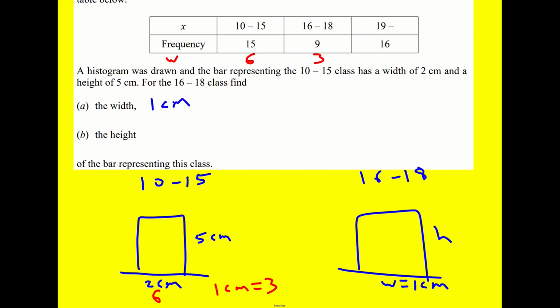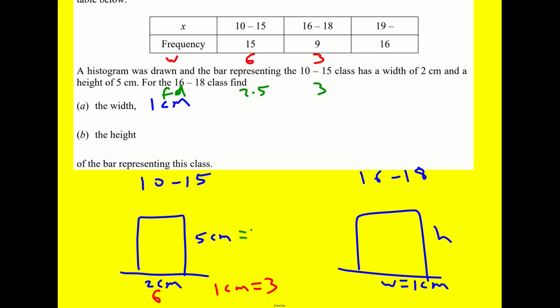All right, now the frequency density. 15 divided by 6 is going to be 2.5, and this one's going to be 3. So my pen's failing me a little bit today. So I've got that this is 2.5.